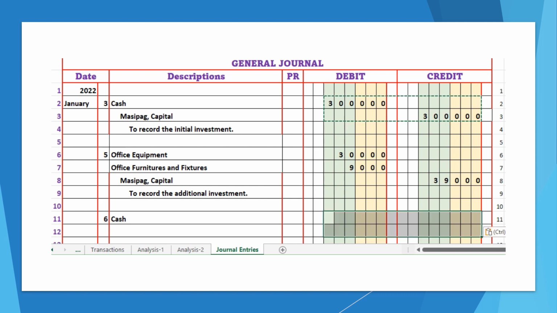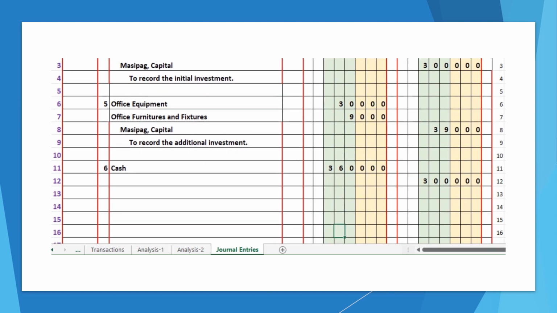Okay? So, 360, as simple as that. But you cannot do this on your paper. Okay, so 360. And then what is this? Loans payable.